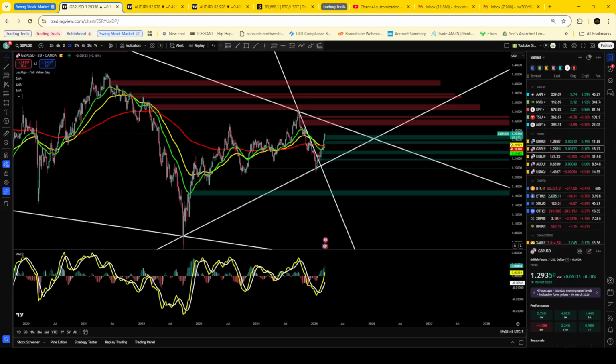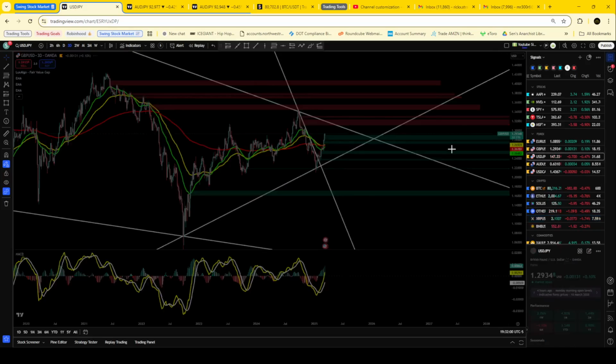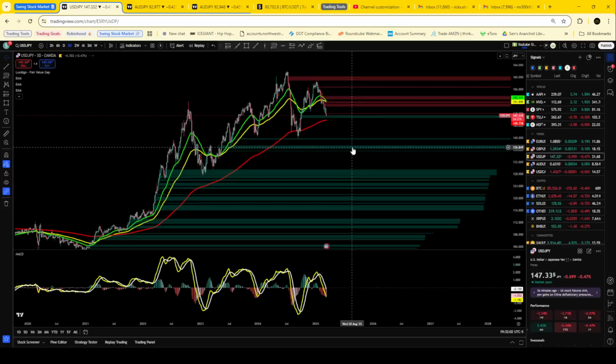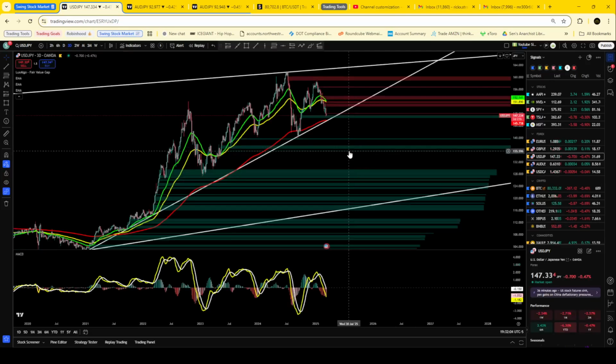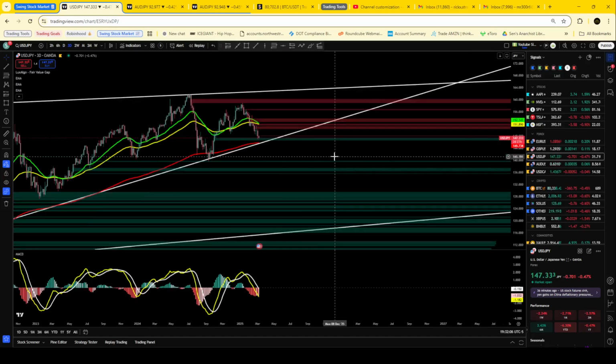So if Bitcoin is going up, you have a good chance to catch the same move on plenty of different cryptos. So, yeah, and you just continue to do the same thing.